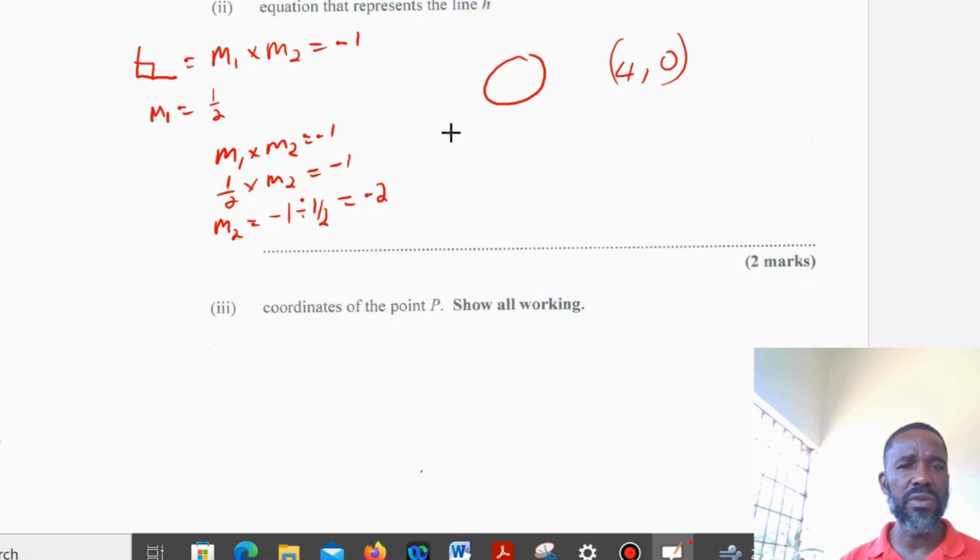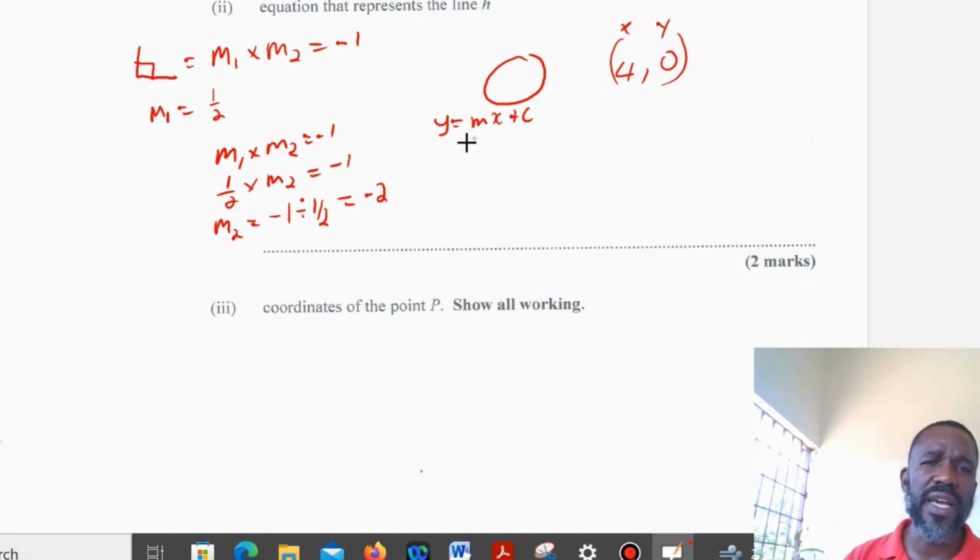If we use the same concept of y equal to mx plus c, we now need to find what c is, the y-intercept. But we know this point that I showed you earlier, which gives us x and y. So let us substitute those values for x and y.